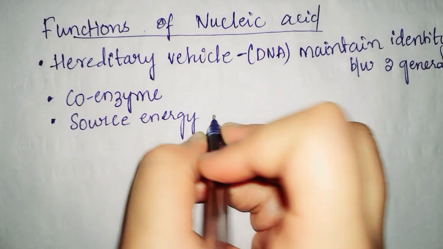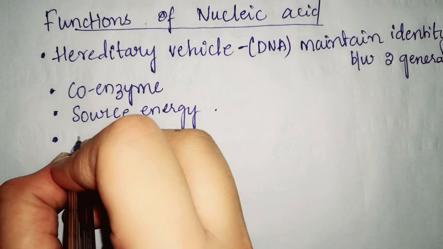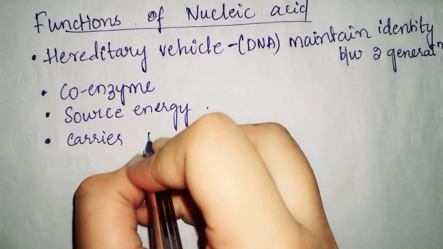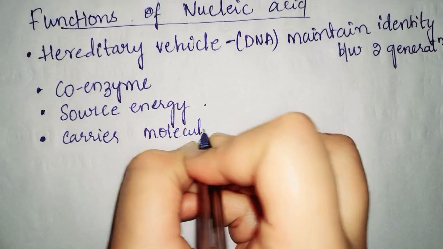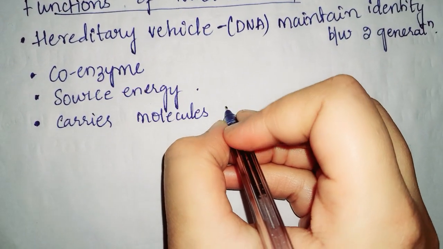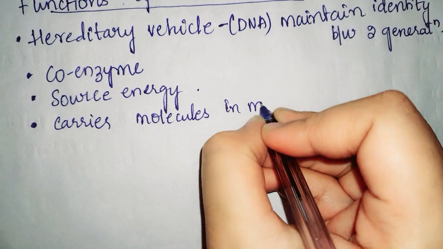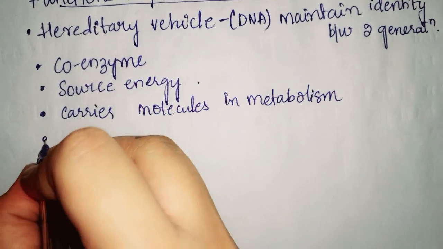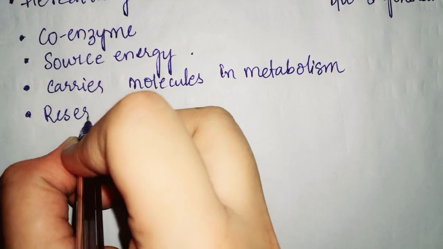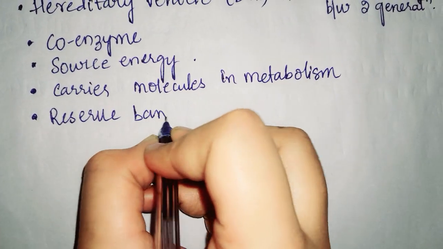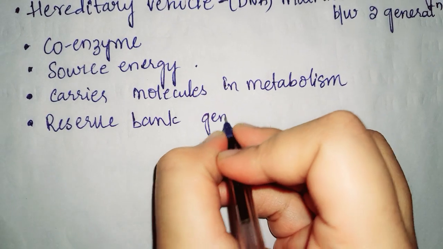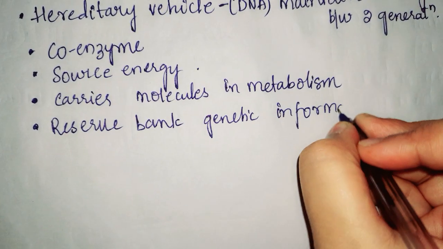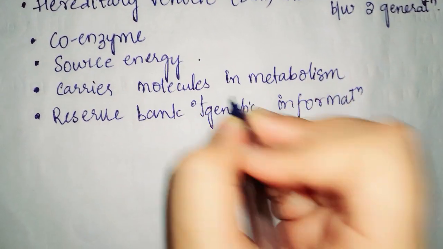And in metabolism, it acts as a carrier molecule, because it does the phosphorylation reaction. And also we can say it is the reserve bank of genes, because it has genetic information, and we call it the reserve bank of genetic information.